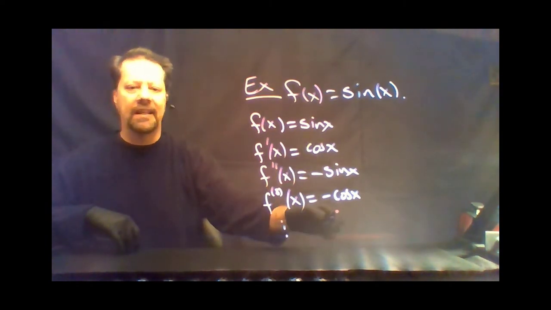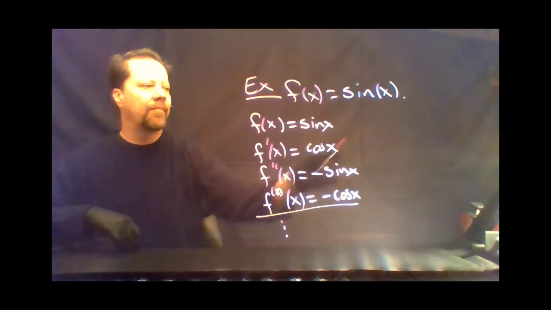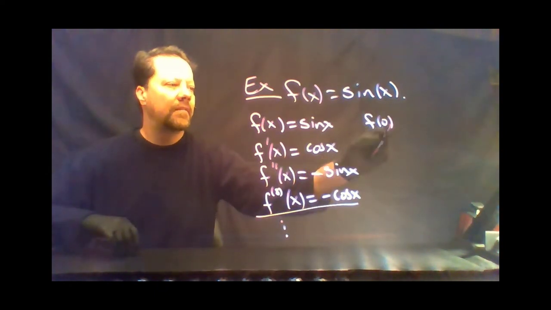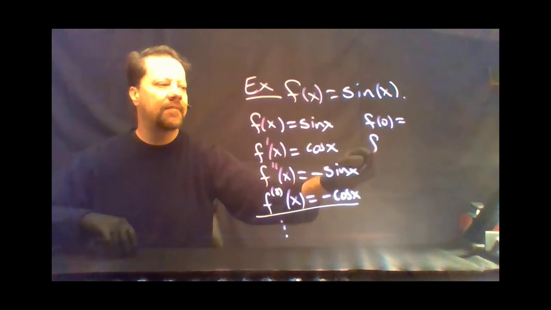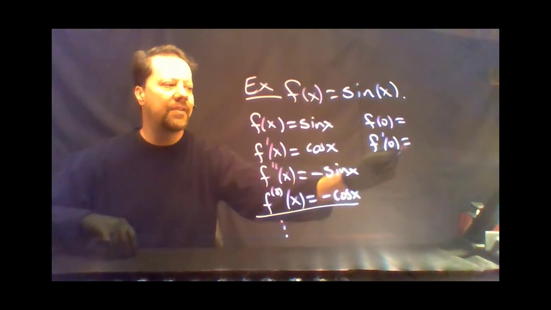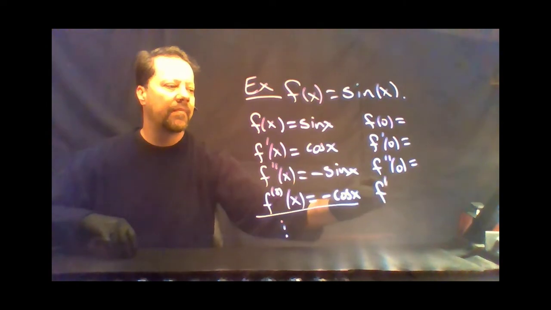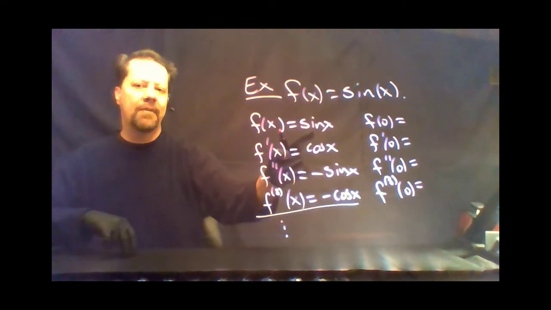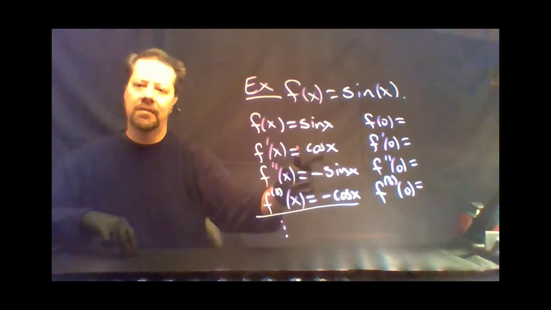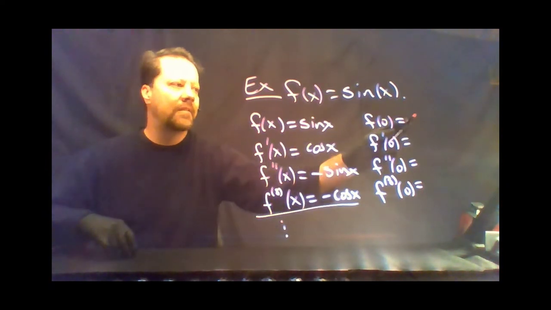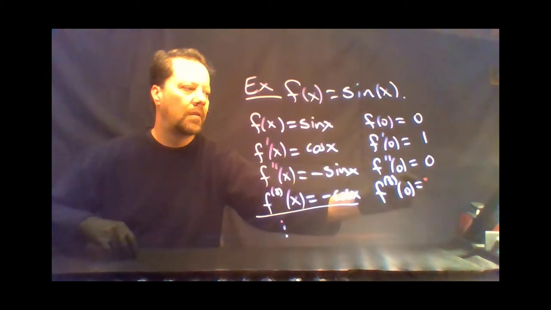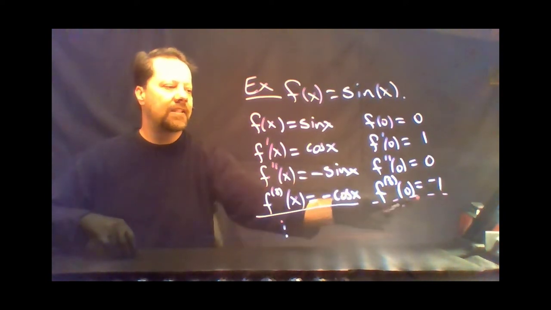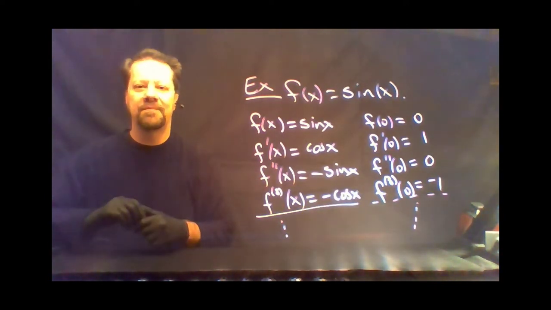So this will repeat every 4. We'll evaluate these at 0 since we're finding Maclaurin polynomials. If I evaluate sine at 0, I get 0. Cosine evaluated at 0 is 1. And these numbers will also repeat.